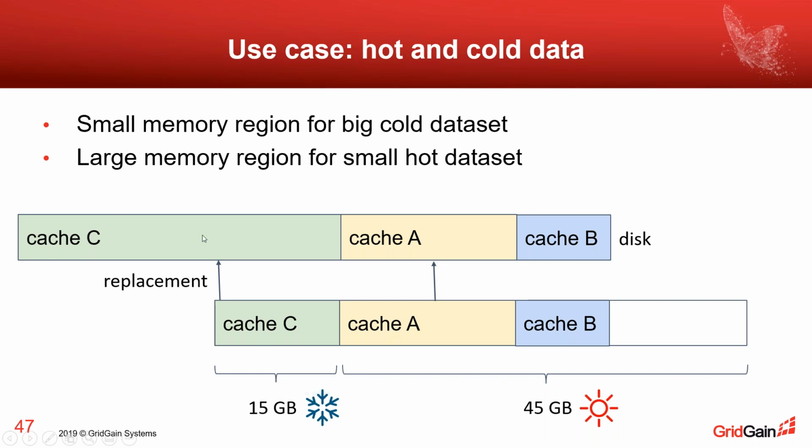But your hot data, as long as it hasn't reached the 45 gigabyte limit, is on disk and in RAM. That means that you still gain durability for all of your caches, A, B, and C. You gain in-memory speed for caches A and B because all pages are present in RAM and you can read them quickly without accessing disk.